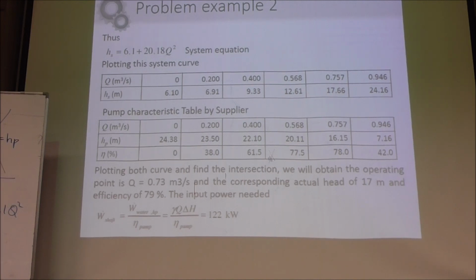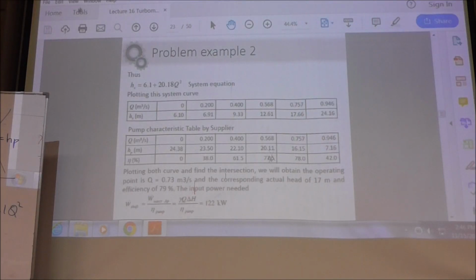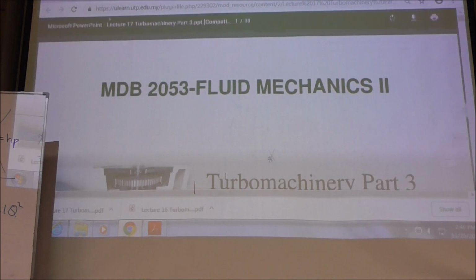Clear, ladies and gentlemen? Once you get your Q, you can calculate your HS. When you calculate your HS, you can calculate the pump power. So that one is if you are given a table.